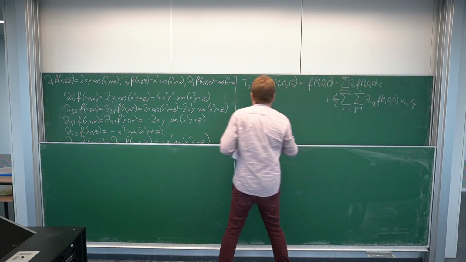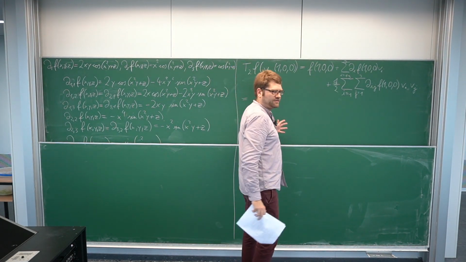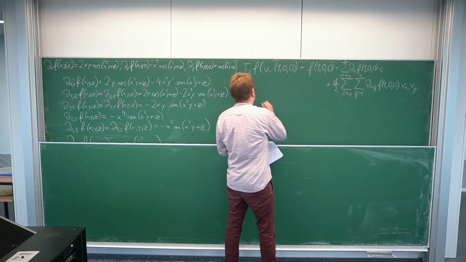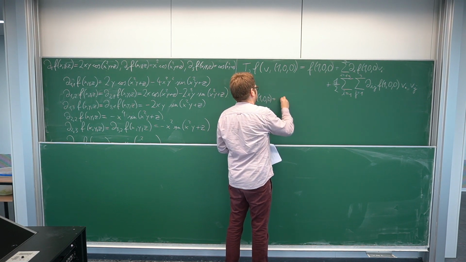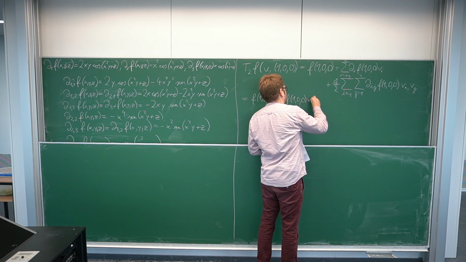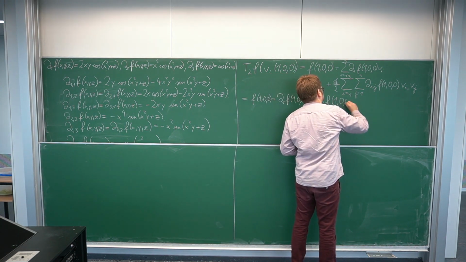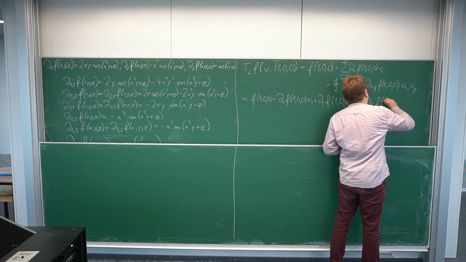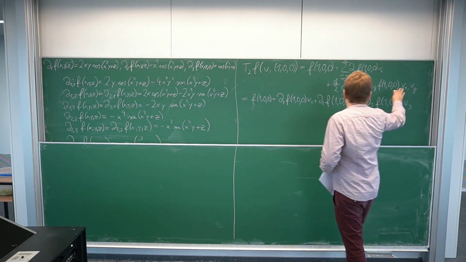Now, this is something we can write down without the summation signs easily because there are not that many summands. So we just write them down explicitly. So let's do that. f of 1, 0, 0 plus d1f at 1, 0, 0 v1 plus d2f at 1, 0, 0 v2 plus d3f at 1, 0, 0 v3, and the remaining terms here.